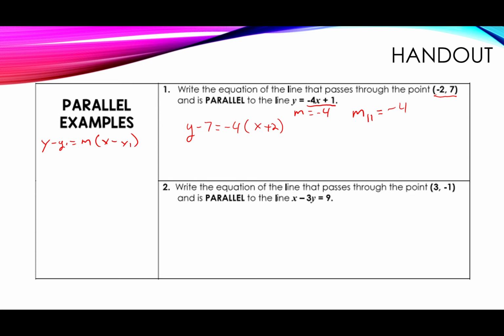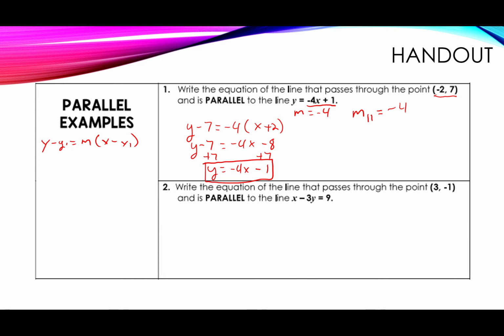All right, now I'm going to simplify and then solve for y. So I distribute the negative 4 and I get y minus 7 equals negative 4x minus 8. Okay, and then I'm going to add 7 to both sides to get y equals negative 4x minus 1. And that's my answer.